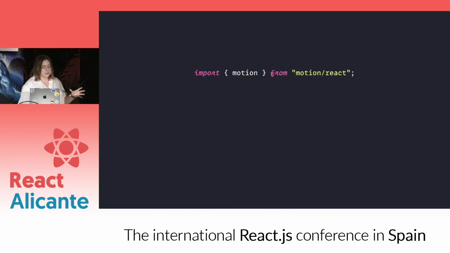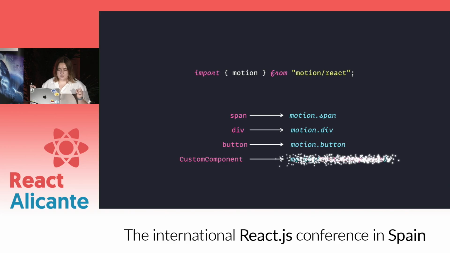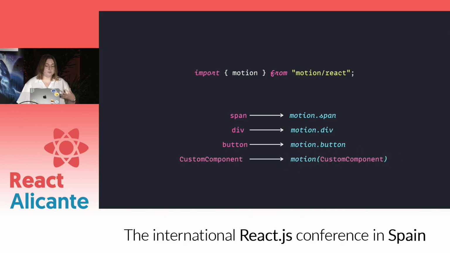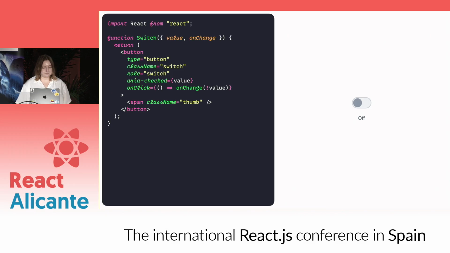One big advantage of Motion is its really intuitive and declarative API. The way it works is we just transform our regular HTML elements into Motion's version of those elements. And then they will provide us some perks. They come with some superpowers that we can use to animate them. For example, we can use it to make this toggle animated.